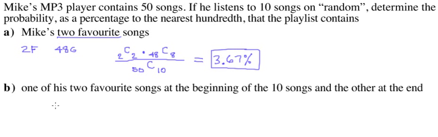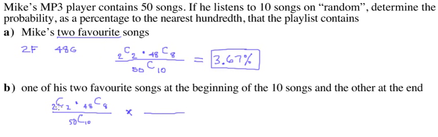So now we have all the same stuff as before for which songs get played. 2C2 times 48C8 over 50C10. This is just the probability that both of his favorite songs get played, and now we also have to fret about the order, which I'm going to do as a separate piece.